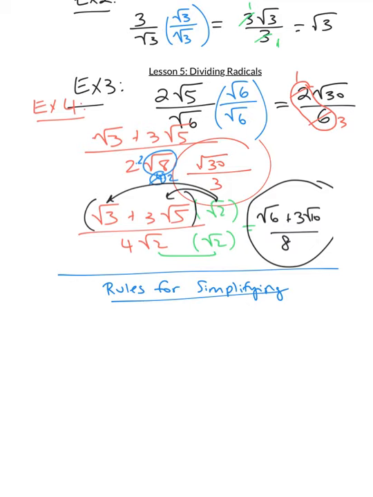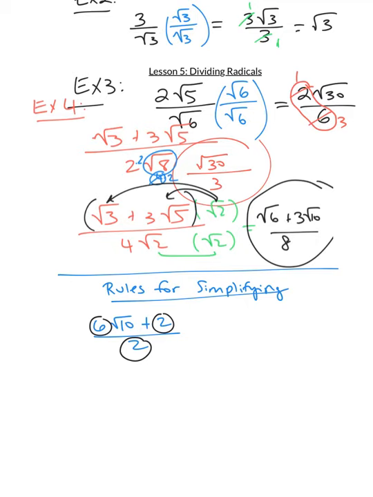If you have a situation where at the end of the problem you end up with something like 6 radical 10 plus 2, all divided by 2, and you need to simplify that, you can simplify this rational 2 only if it goes into both terms here.